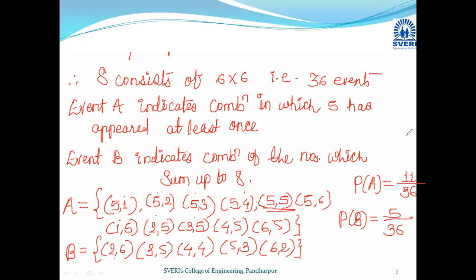Therefore, probability of A intersection B is equal to, what are the common terms between A and B? There are 2 possibilities. Which are they? 5-3 and 3-5. So here P of A intersection B is equal to 2 out of 36. Okay, so this is the answer.